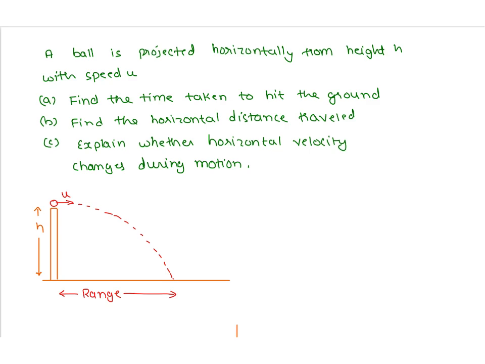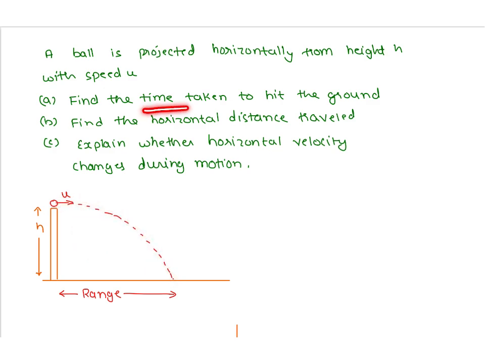So this is the question. Let me explain it. There is a ball which is projected horizontally with a speed u from height h. Under the action of gravitational force, this ball will move down and strike the ground.